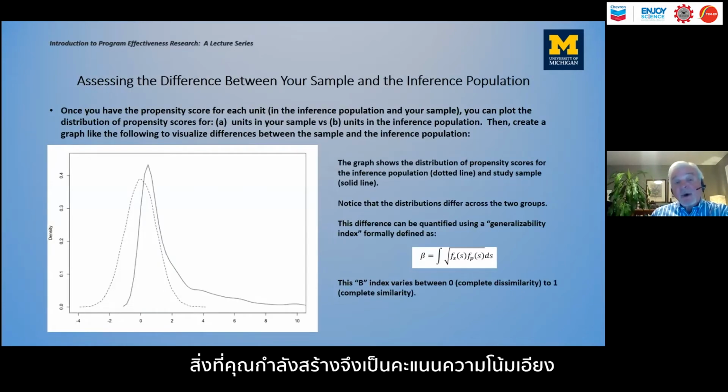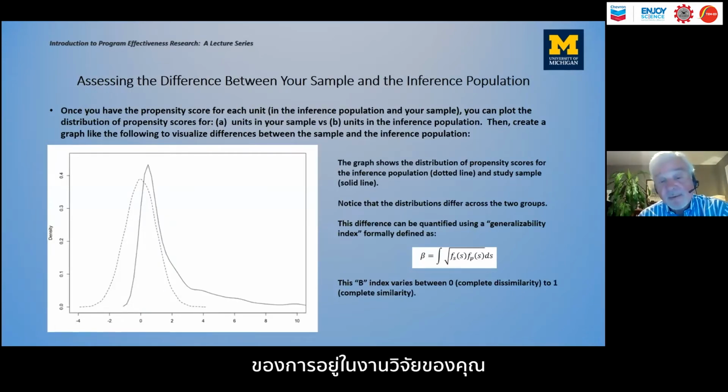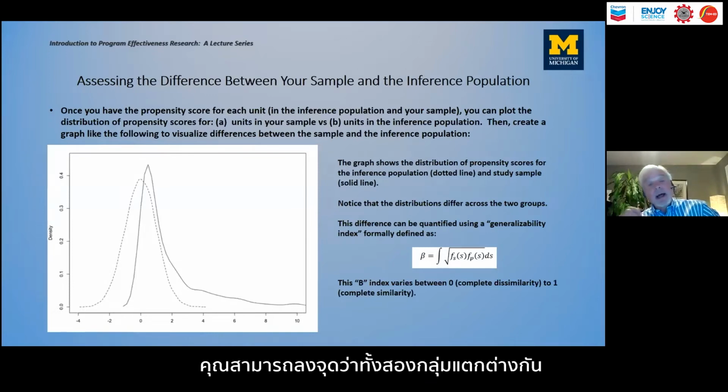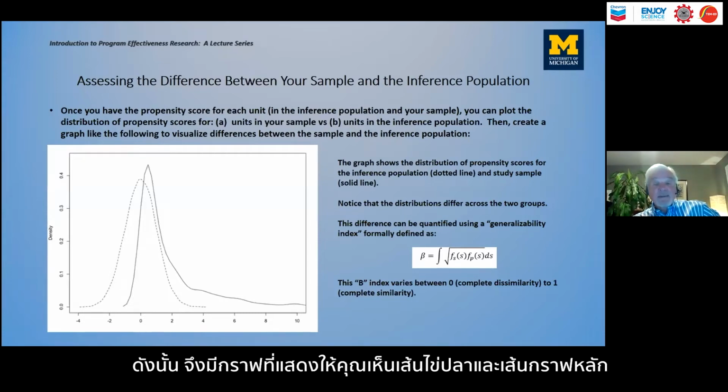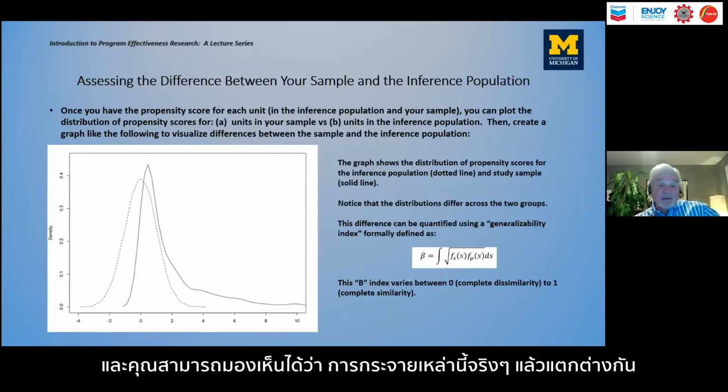Then once you have that propensity score for each unit in the inference population and in your sample, you can plot how different the two groups are on this propensity score. And there's a graph showing you the dotted line and the main line, and you can see that these distributions are in fact different.